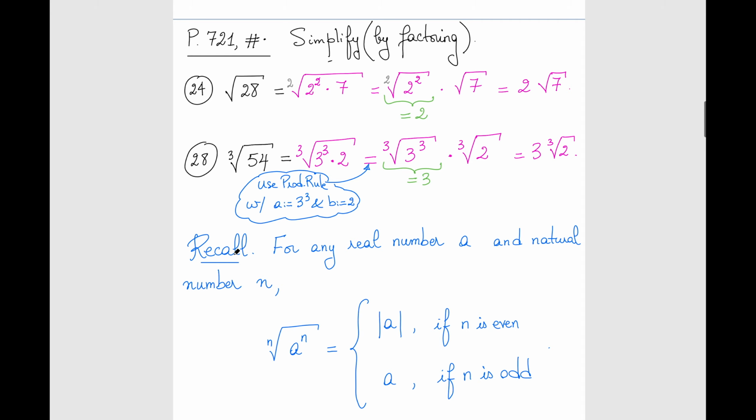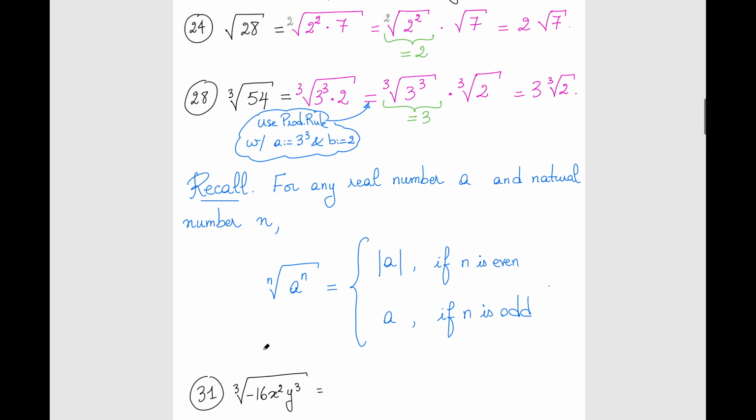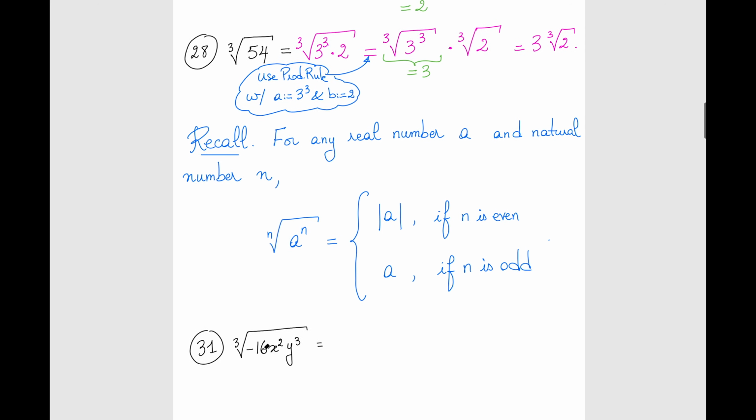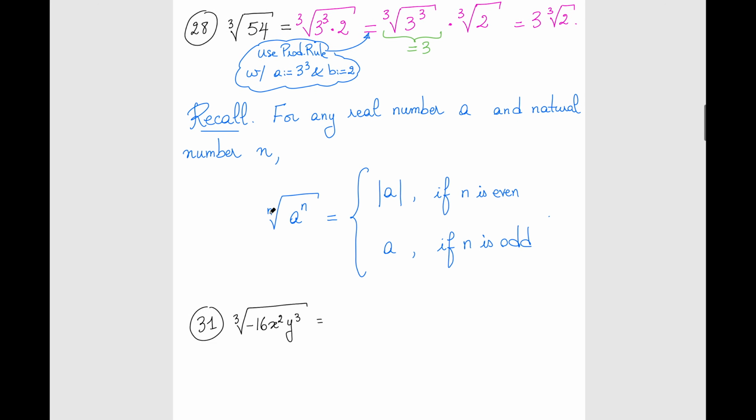Anyway, so let's recall this. We're going to put it in action immediately. So the nth root and the nth power kind of undo each other in a clean way when n is odd, but in a quasi-clean way, let's say, meaning I'm picking up the absolute value for that guy a, if n is even.